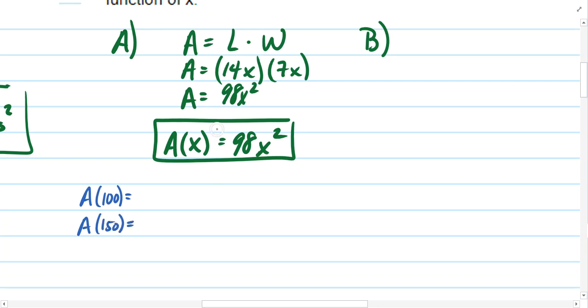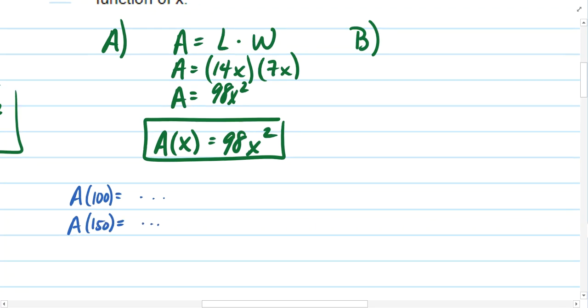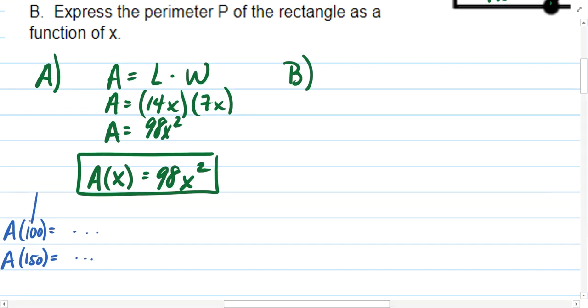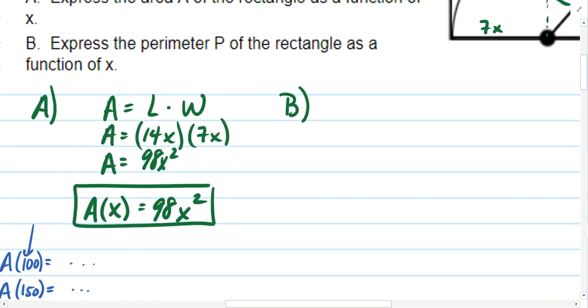If each one of those x's, if each one of the irrigation components is 100 feet long or 150 feet long, they could input the values into this equation and determine how much area would be covered by the rectangle based on those irrigation components. Even though they won't water the entire rectangle, they would at least have the area associated with it, and they could determine if an irrigator of this size or this size would actually fit in their field.